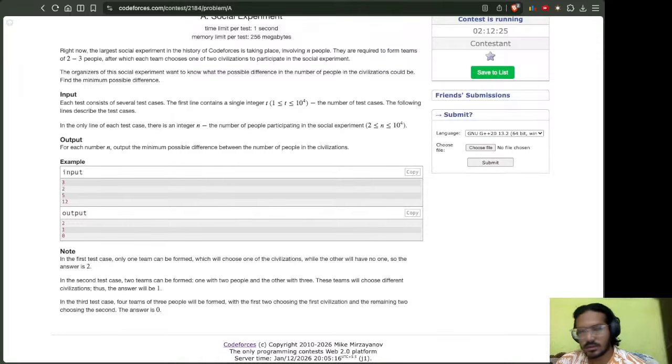Two choices, 2 and 0, or something like that. Possible difference in number of people.